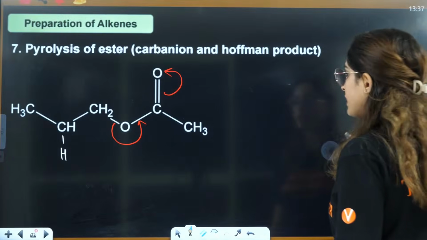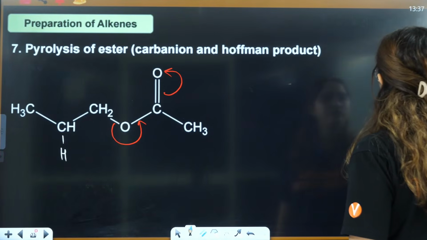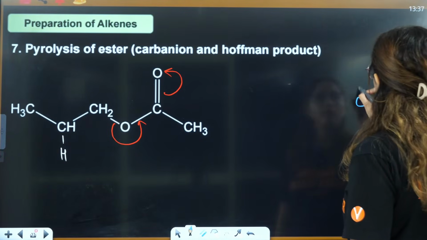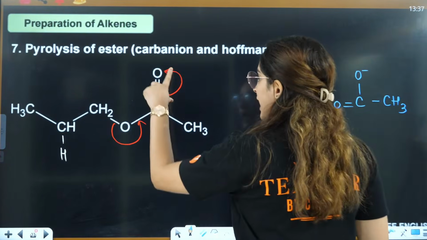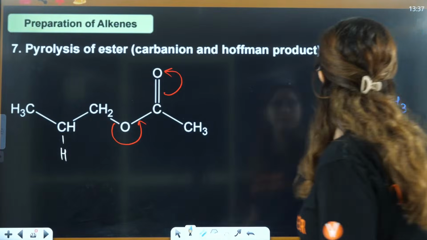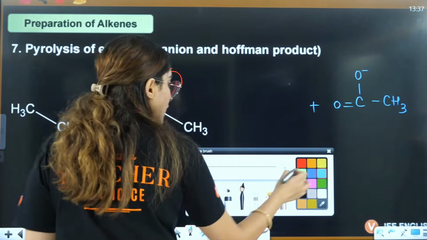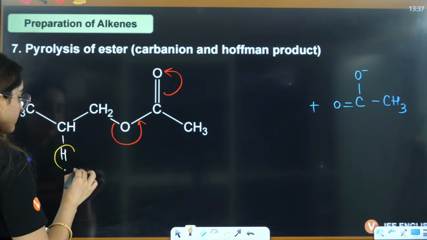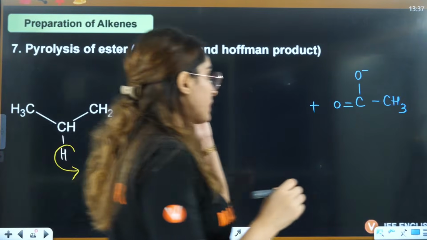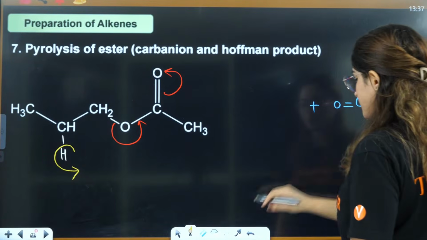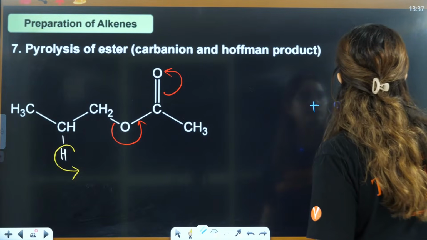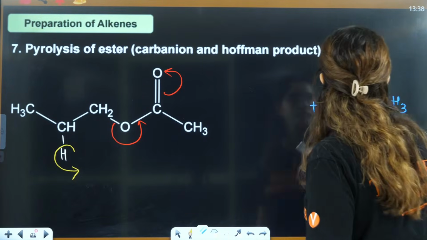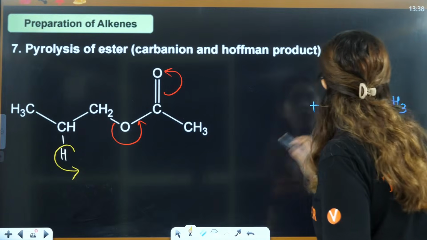That means here you will have the formation of CH3COO negative, double bond O, and this is O negative. Then a hydrogen from here will be eliminated and this will be attached here and this will become OH.